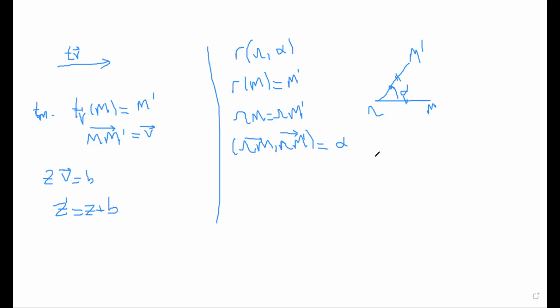Here you have to pay attention to the sense of rotation. This is the positive sense, like that, while the negative sense is like that. If alpha is different from 0, the center is invariant; it doesn't vary.